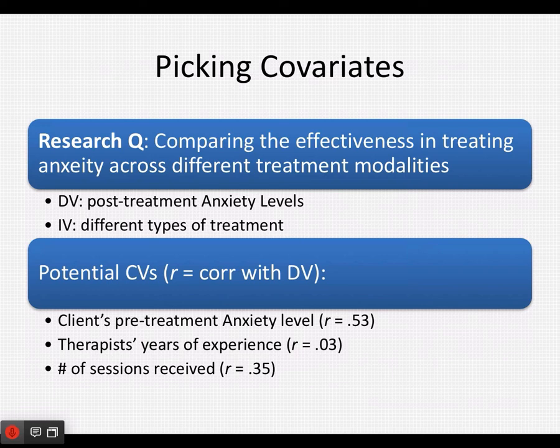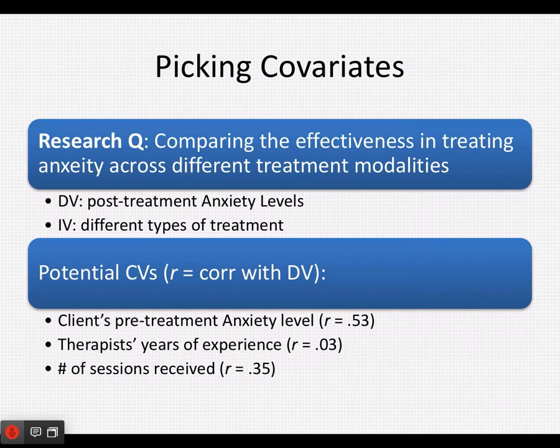The research question is, we want to compare the effectiveness in treating anxiety across different treatment modalities. The outcome variable is the post-treatment anxiety levels, so we want to see which one's higher, which one's lower. The independent variable is the different types of treatment, like CBT, person-centered, psychodynamic, etc.